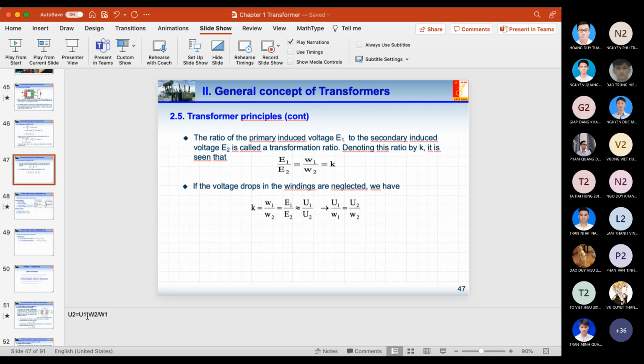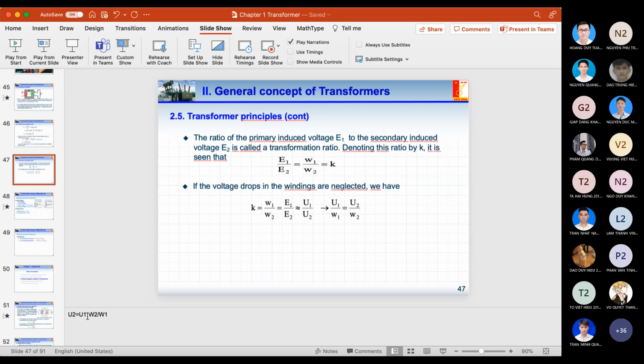If you look at a transformer at home, if the input voltage varies and you want to keep the output voltage of the transformer constant to supply the electric devices at home, as you said before, we need to change the ratio of W2 to W1.